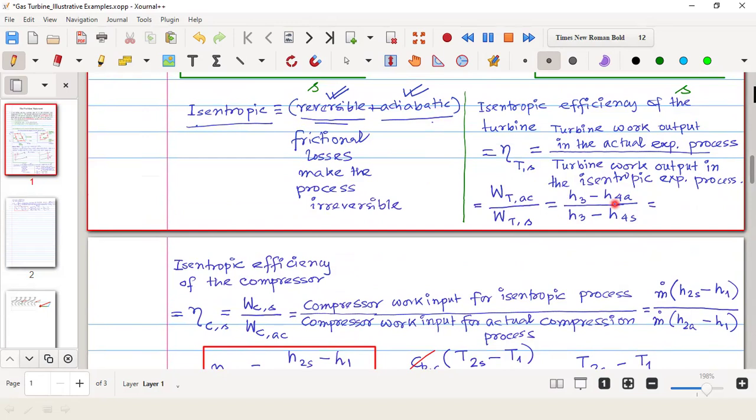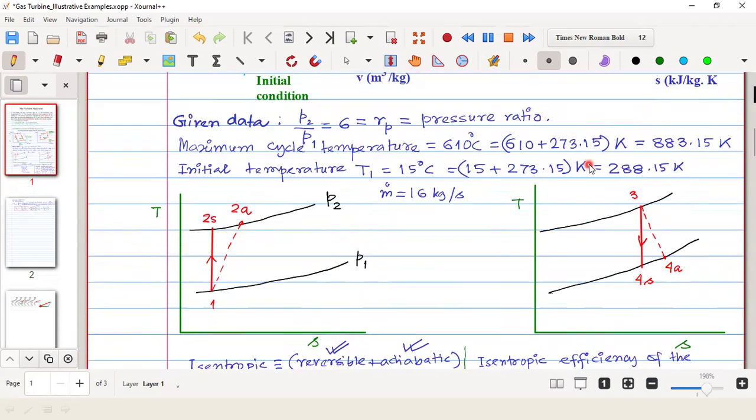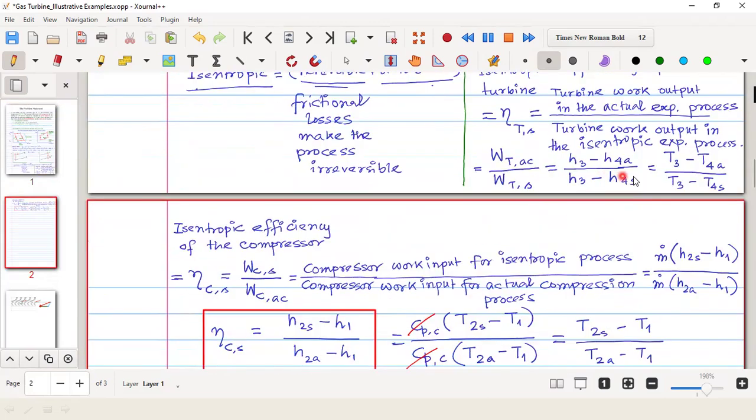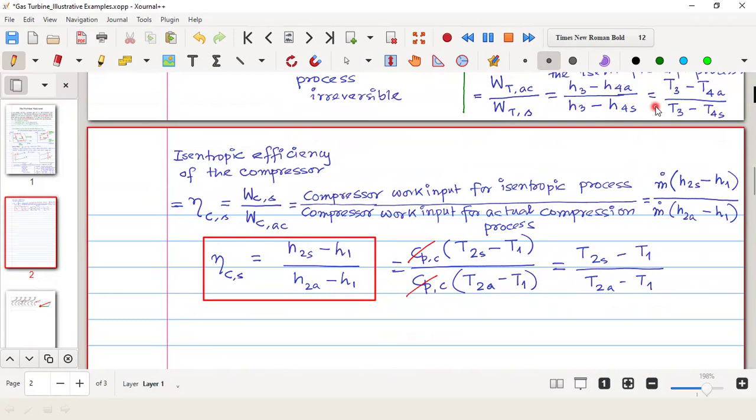In the same way, we can write this also as, now here the Cp value will be different definitely, but it is same for the isentropic as well as the actual process. So they will cancel in the numerator and in the denominator. So it will be basically T3 minus T4A divided by T3 minus T4S. Okay, we can put some equation number to this.